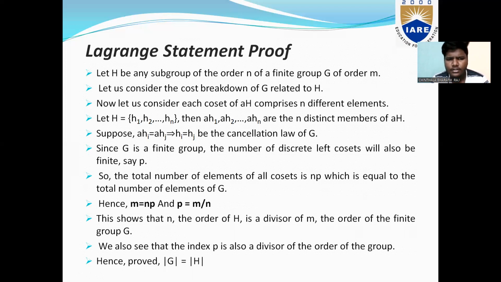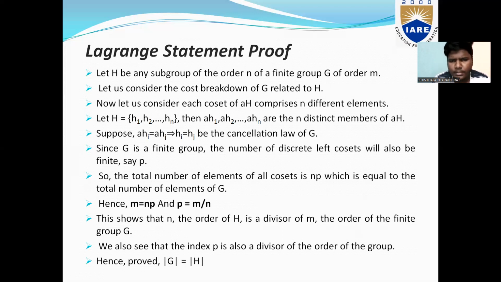Let H equal to h1, h2, h3, h4 and so on till hn. Then ah1, ah2, ah3, and so on till ahn are the n distinct members of aH. Suppose ahi equal to ahj, then hi equal to hj by the cancellation law of G.